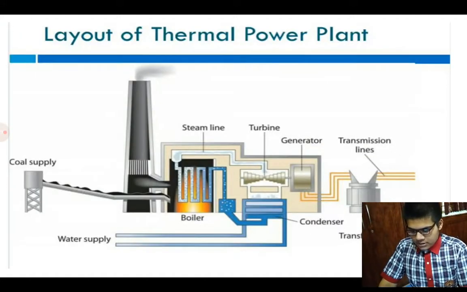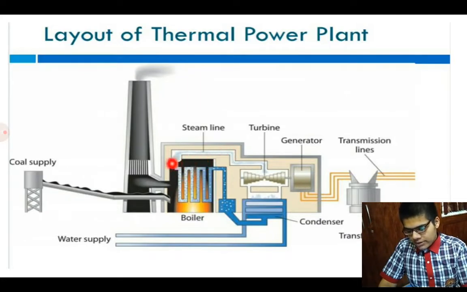Let's see the layout of a thermal power plant. Here you can see the coal supply. Coal is transferred to the boiler, and here is the water supply. Water is transferred to the condenser. The condenser transfers the water to the boiler, where the combustion process is going on, and water is heated and converted into steam.